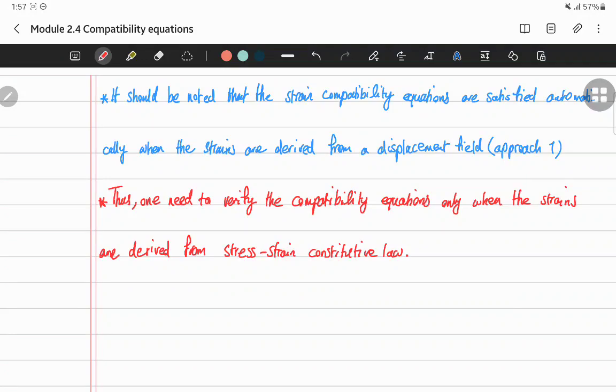All right. So with this in mind, let's see how we can get these compatibility equations.